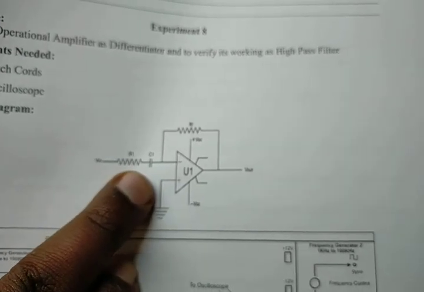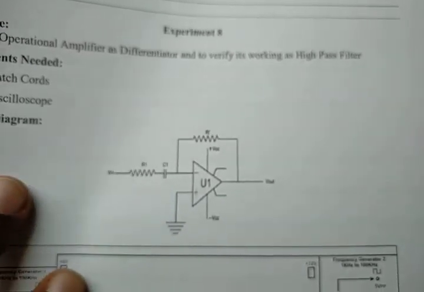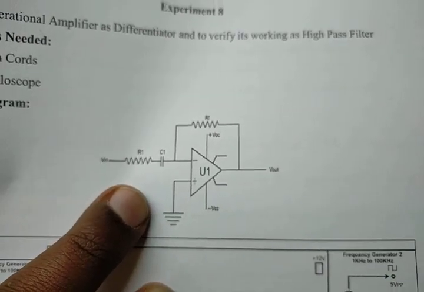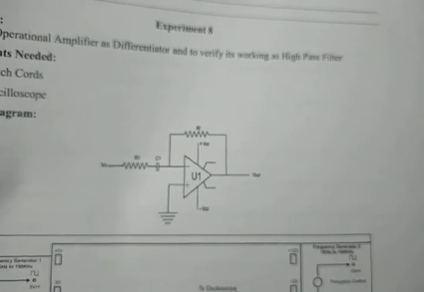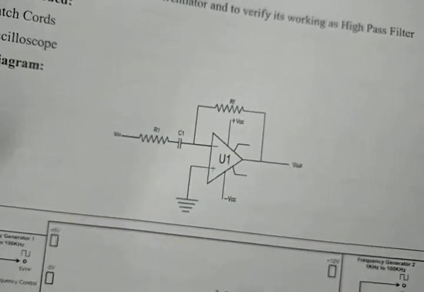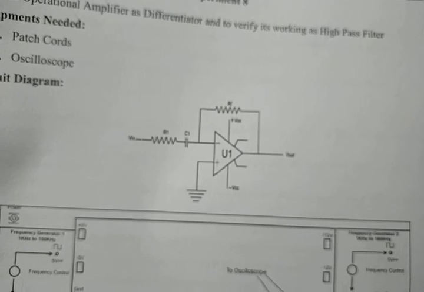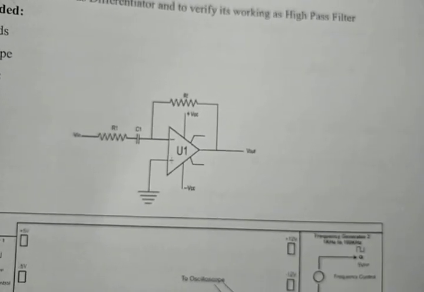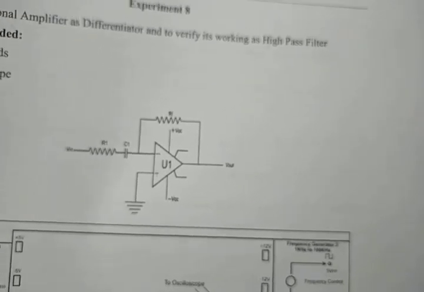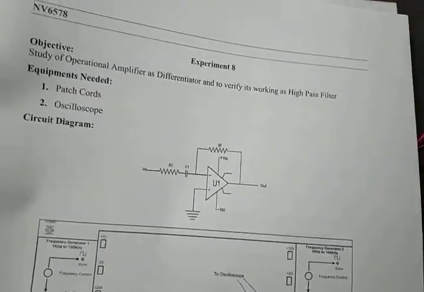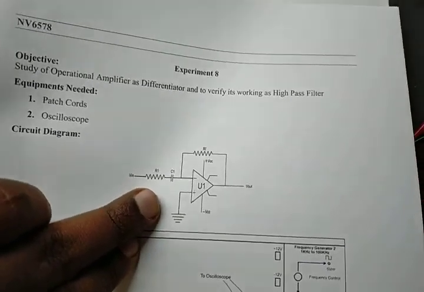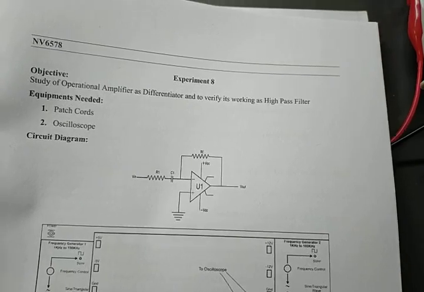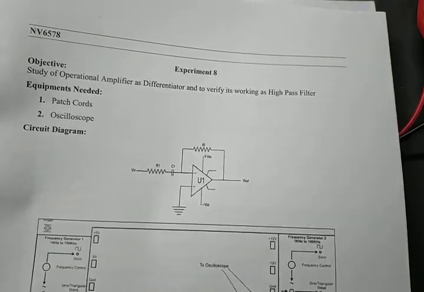Here we have a capacitor at the input, so our signal will pass through the capacitor. As you know, a capacitor is a blockage for the sinusoidal or AC input. Our capacitor will block the DC and it will pass the AC at higher frequencies.